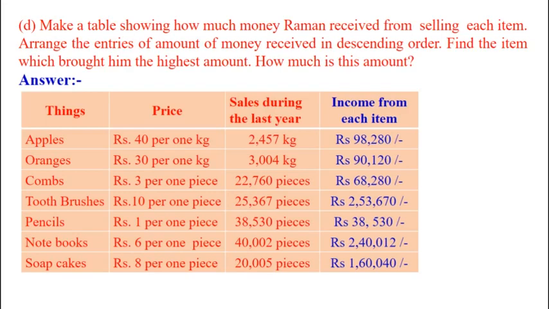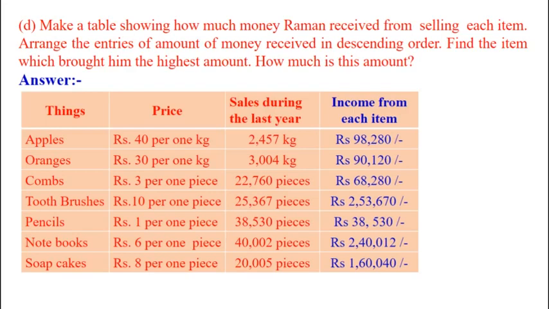The income from apples, that is rupees 40 into 2457, that is equal to rupees 98,280. Then income from oranges, that is equal to rupees 30 into 3004 kg, that is equal to 90,120 rupees.